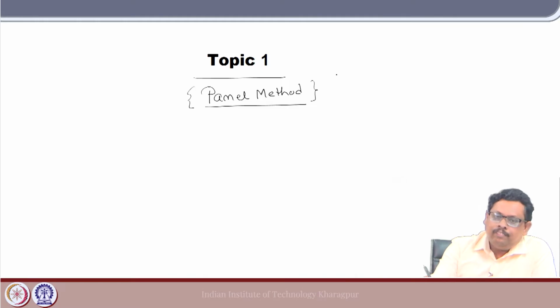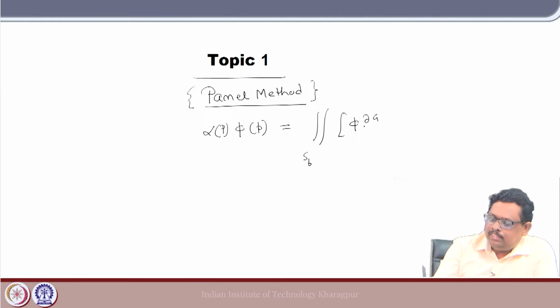If you remember, we solved one problem, the infinite radiation problem, and we integrate this boundary integral equation as phi p equal to an integral over the surface of the body, and then we solve the source dipole panel method, which is del phi del n minus phi del G over del n, over ds.